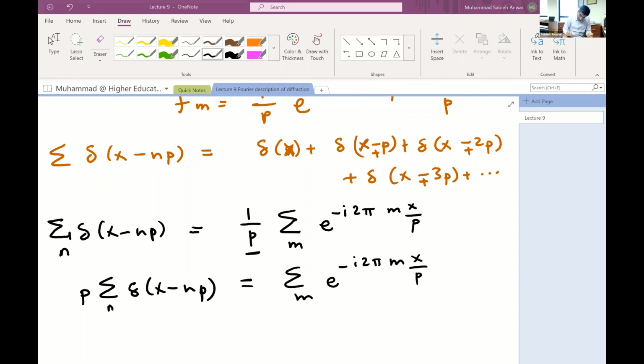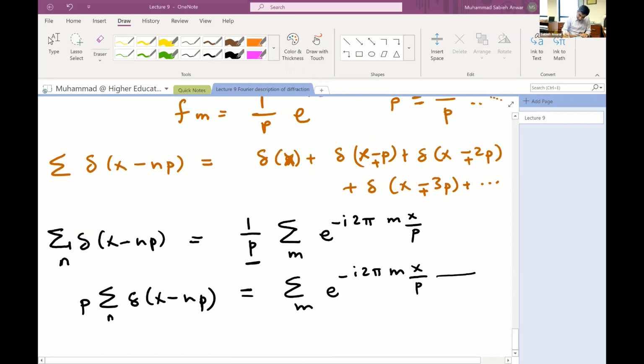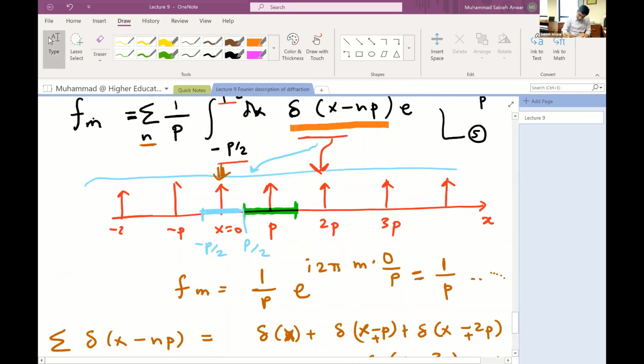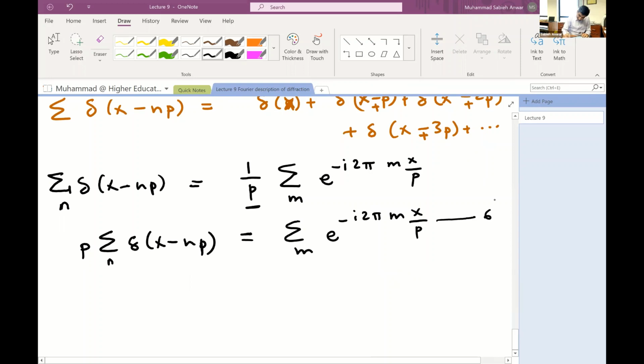All right. So this is my equation, let's say equation number 6. Now what equation number 6 tells us is that the sum of exponents, look at the right hand side, is equal to the sum of Dirac delta functions.